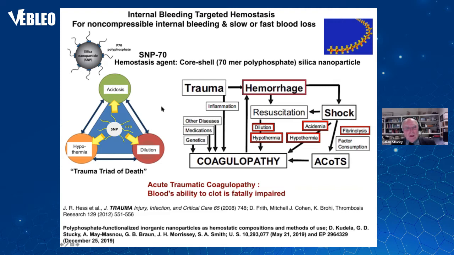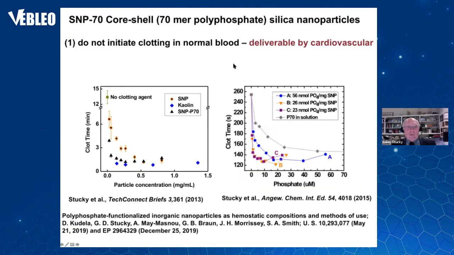But every time you get a cut, the platelets extrude these polyphosphate oligomers, which are indicated here in the upper left, and they serve the purpose, through the common pathway of the blood clotting cascade, which I'll give you more detail on later, of activating or amplifying the blood clotting process. The good thing about them is that, one, they don't initiate clotting.